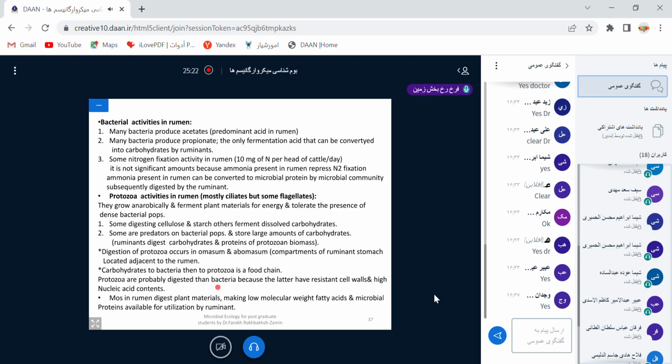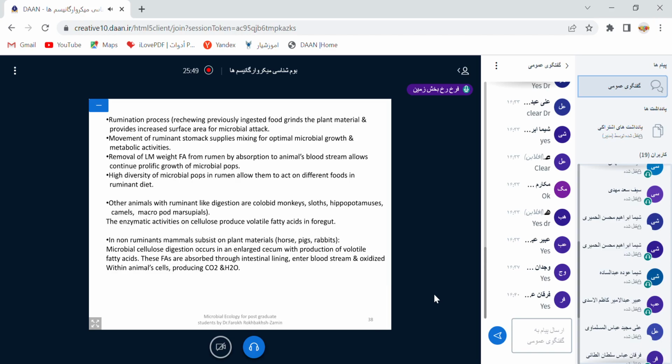So protozoa digest the cell wall of bacteria and receive the content of bacteria, then transfer these items to the ruminant. Microorganisms in the rumen digest plant materials, making low molecular weight fatty acids and microbial proteins available for utilization by the ruminant.